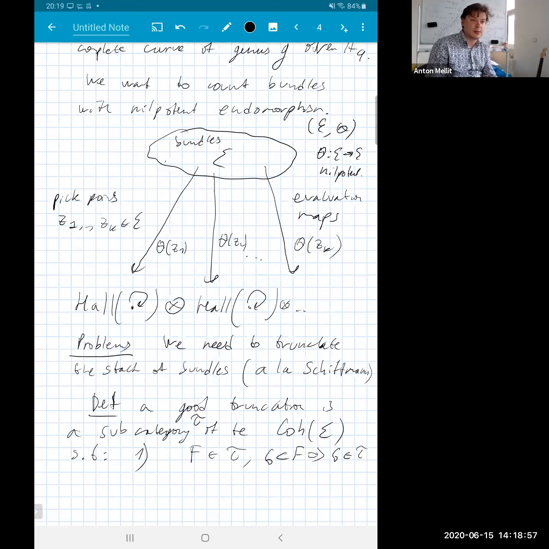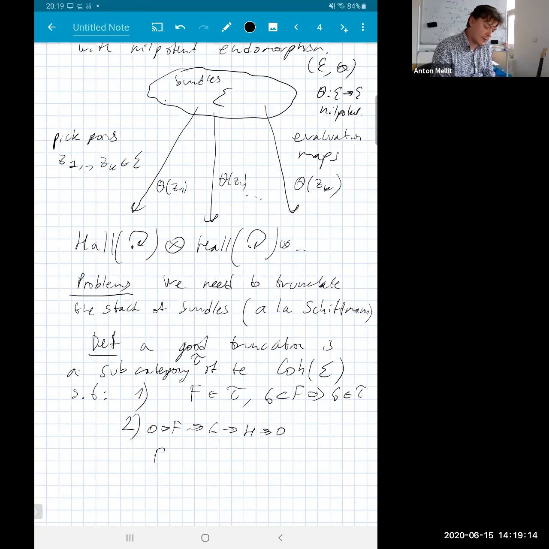So sub-objects, if objects are good, then every sub-object is good. And second is that if there is a short exact sequence with F and H in tau, then G is also in tau. So closed under extensions, closed under sub-objects.